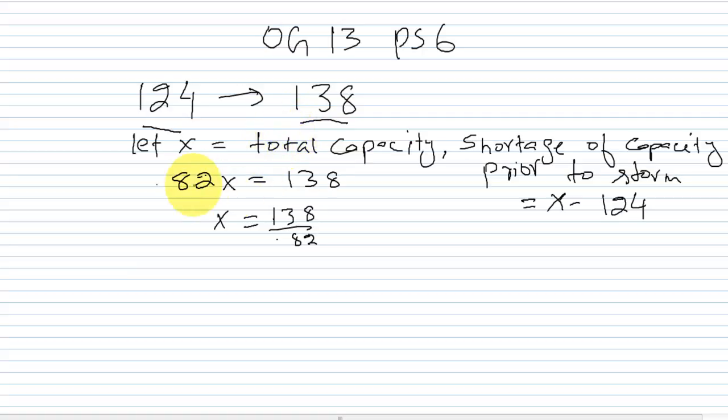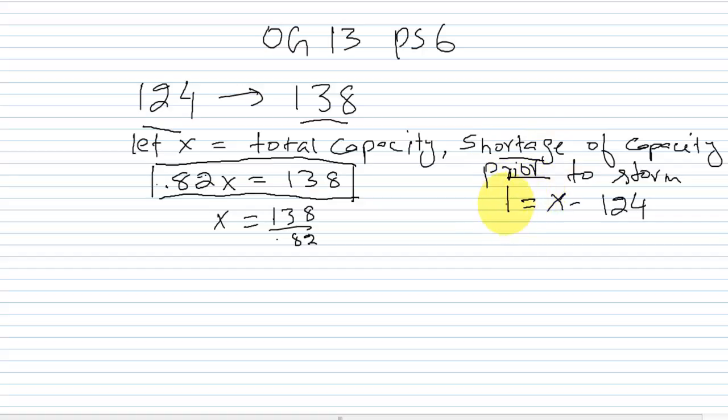And we are told that the amount 138 billion equals 0.82% of the total capacity. And then we're asked to calculate the shortage of water from total capacity prior to the storm.